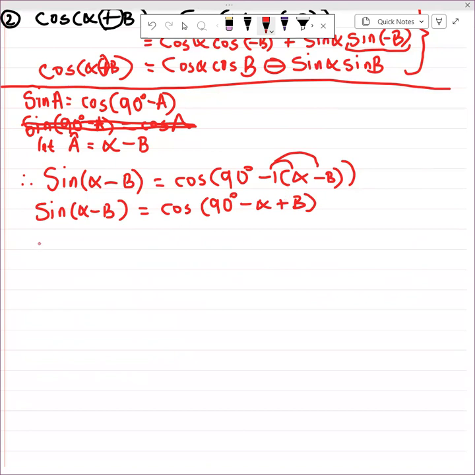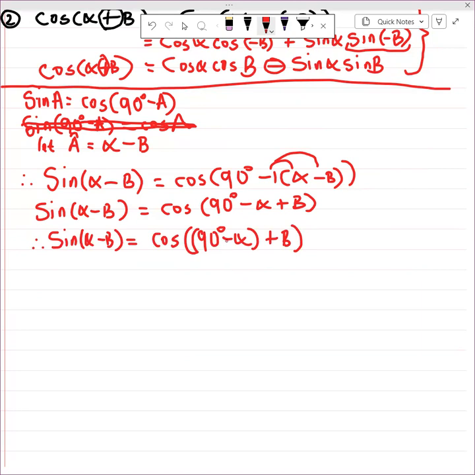Therefore, I can write sine of alpha minus beta as cos of 90 degrees in bracket, minus alpha, then plus beta.